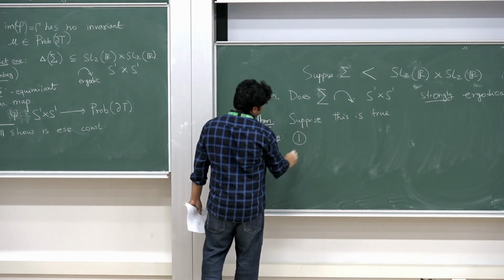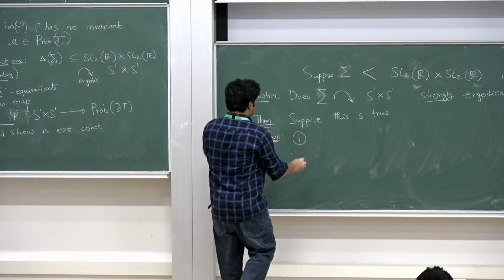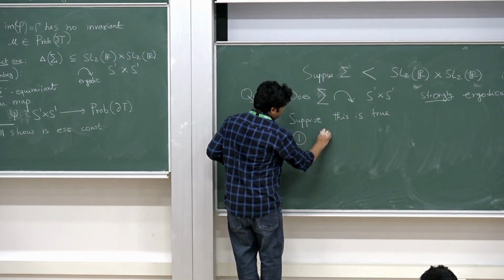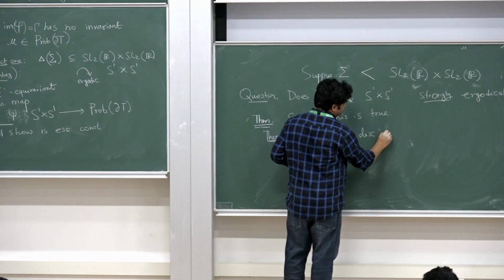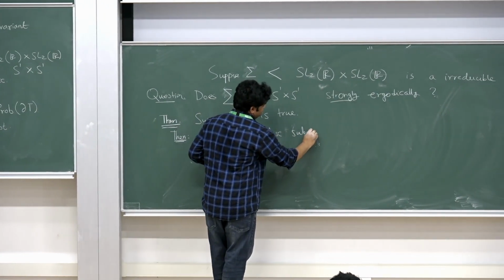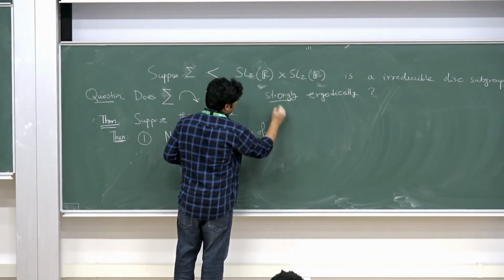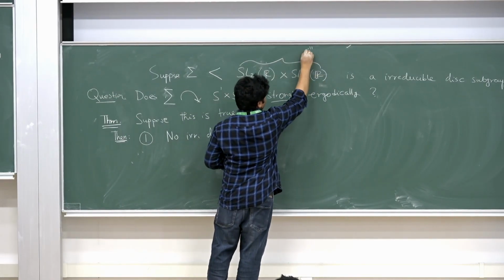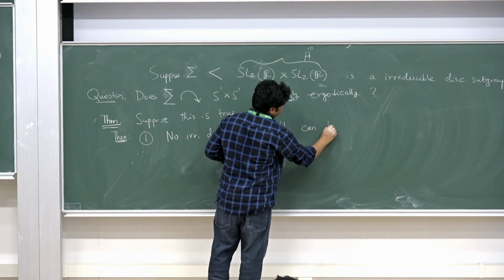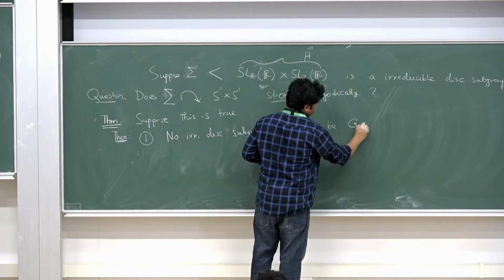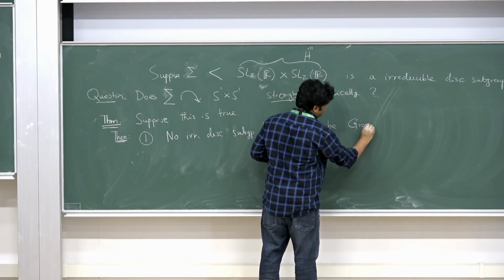The first one is that no irreducible discrete subgroup of this group can be Gromov hyperbolic.